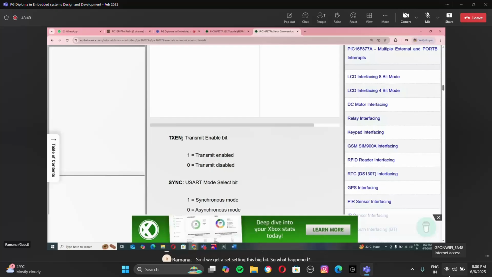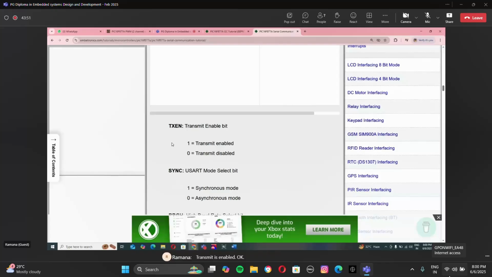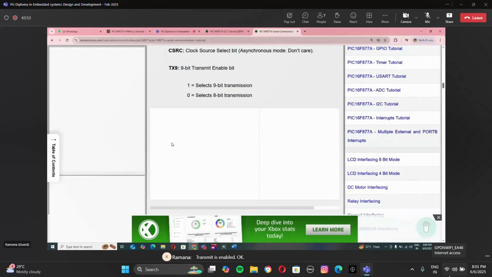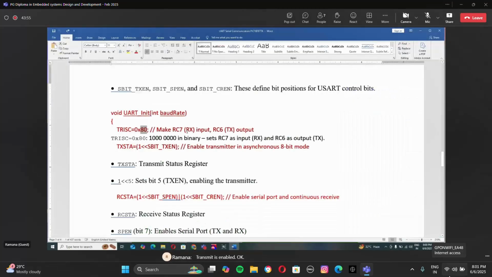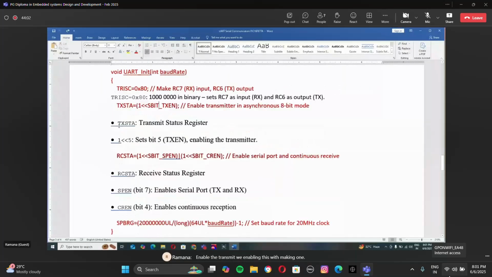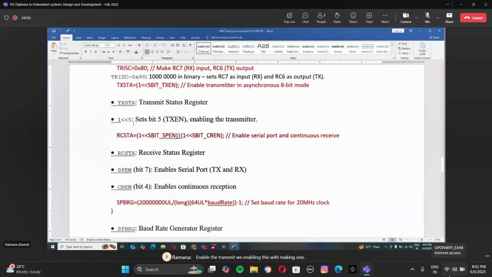To enable the transmit, we are setting this bit to 1. So in the TXSTA transmit status register, set bit 5 enables the transmitter.